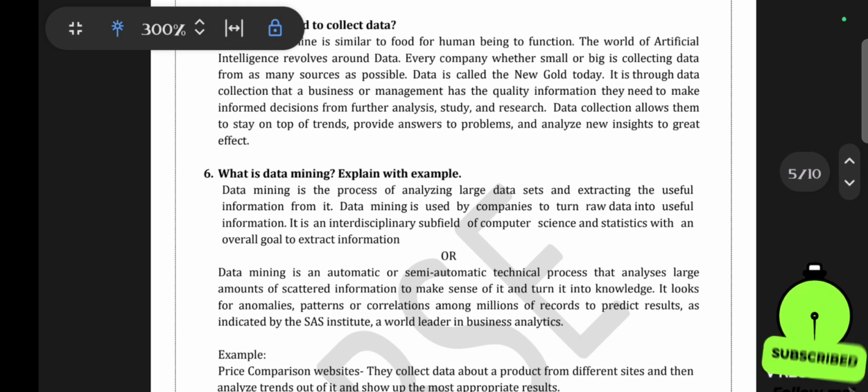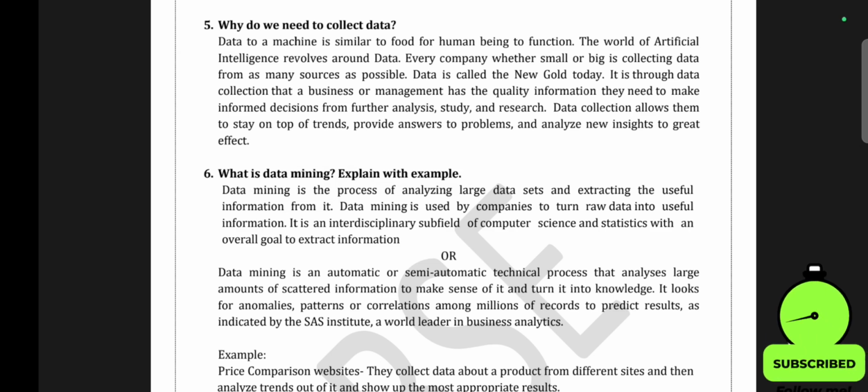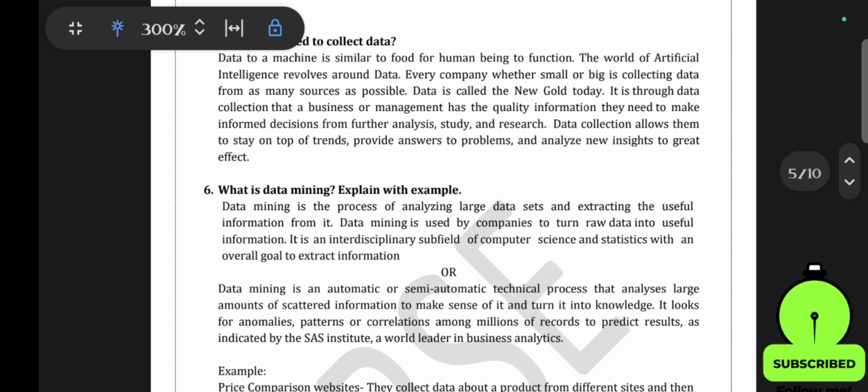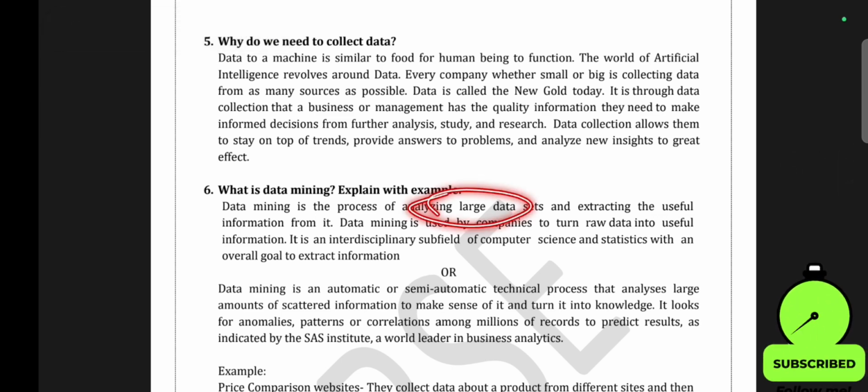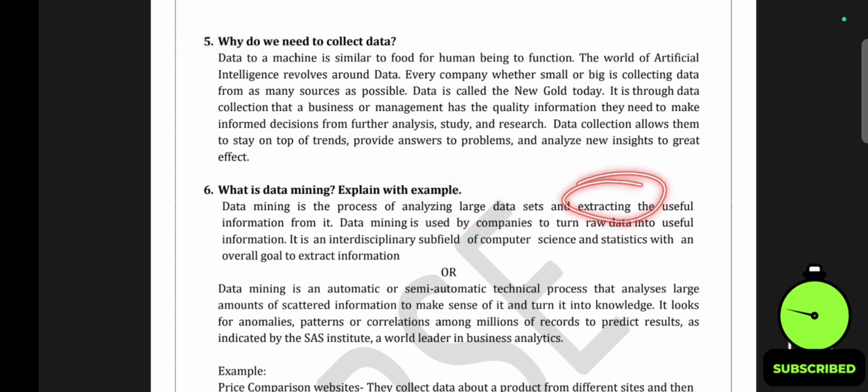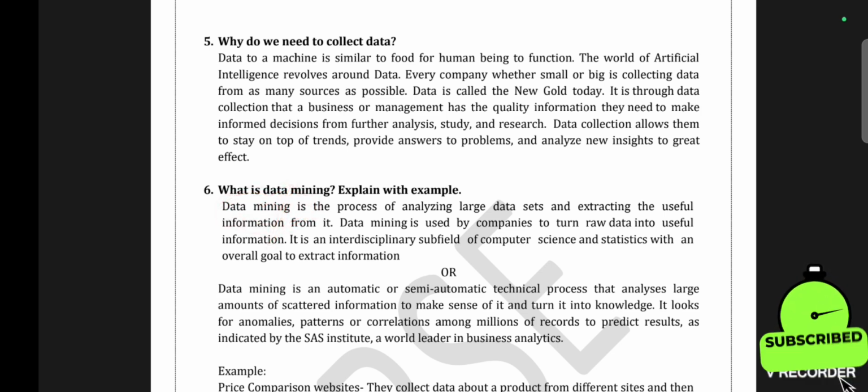Now, what is data mining? And we explain with example. Data mining is a process of analyzing large data sets and extracting the useful information from it. Means the analyzing of large data and extracting the useful information from it is data mining.